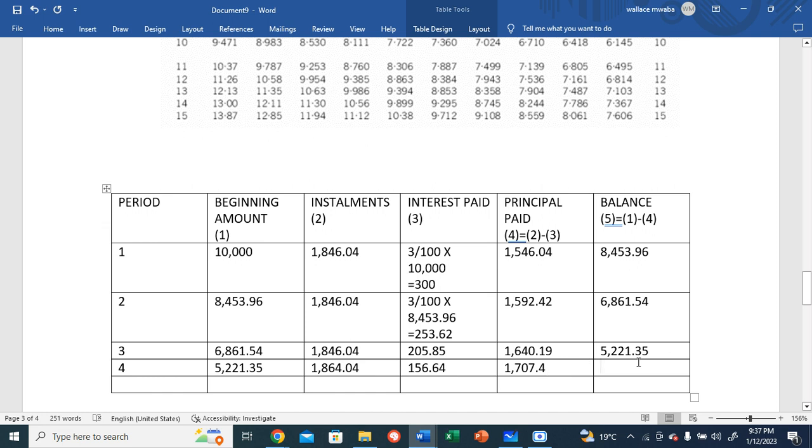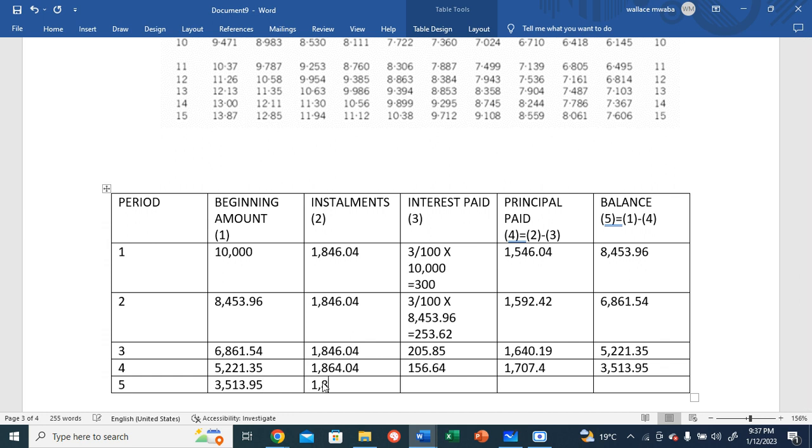Okay. So we're going to get our balance as 3,513.95. Right. So final payment for year two is 3,513.95.